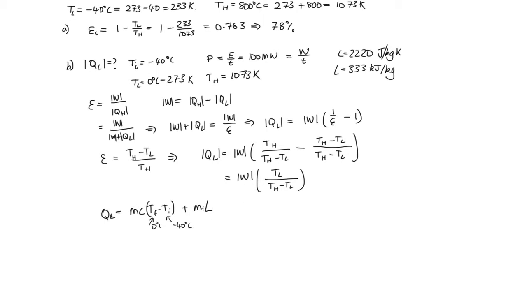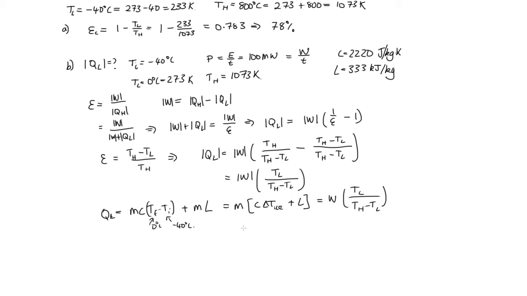Okay, and what we're trying to work out is this mass per second. So let's pull mass out as a common factor, because that'll be useful later. So this is C times change in temperature of the ice. So let's put a little subscript ice so that we remember that, plus L. And we know that this is equal to the work done times TL over TH minus TL.